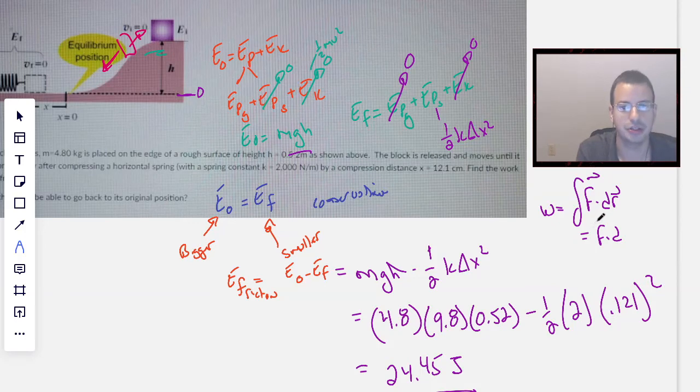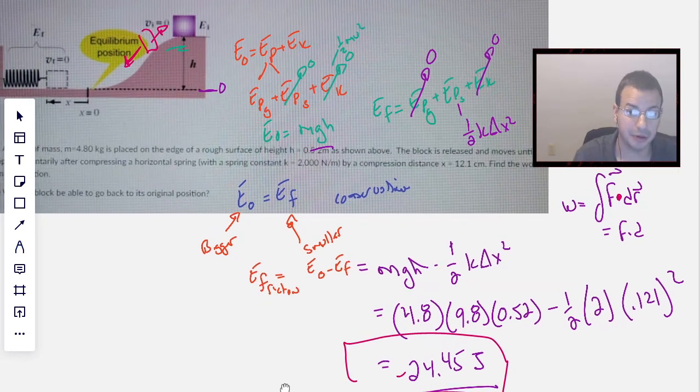Friction always opposes motion, so the angle between the force vector and the displacement vector is pi, or 180 degrees. The dot product is basically the cosine of the angle between, so basically negative 1. I'm going to say it's negative. That might be the answer they're looking for, might not be. It's kind of hard to tell with these. Hopefully you have multiple guesses.